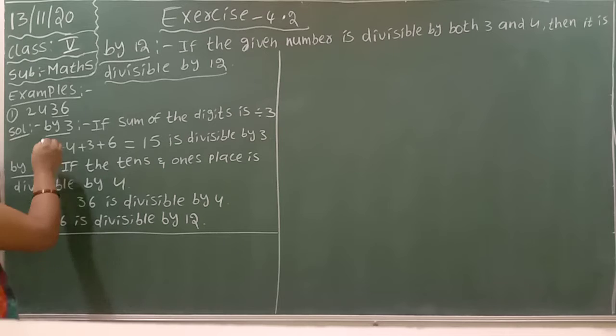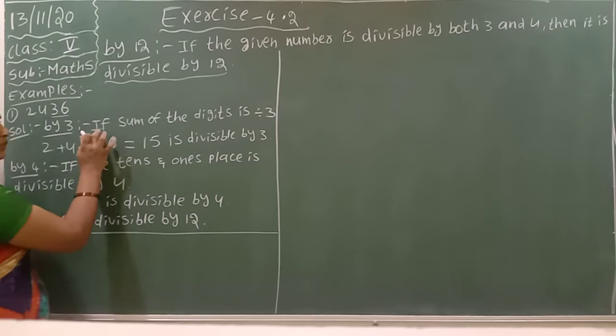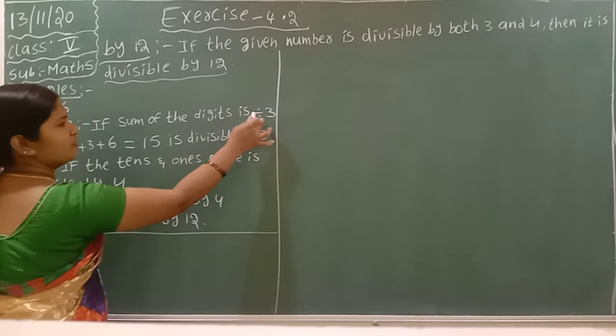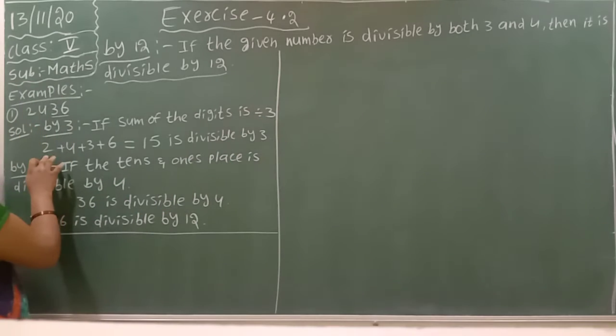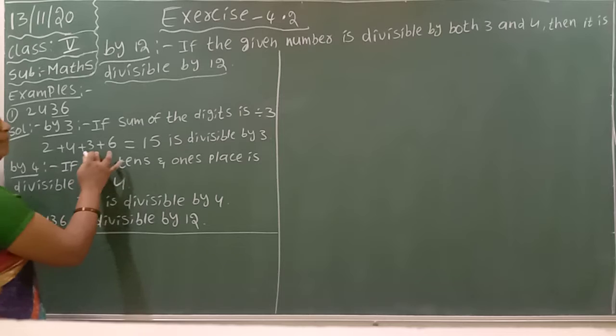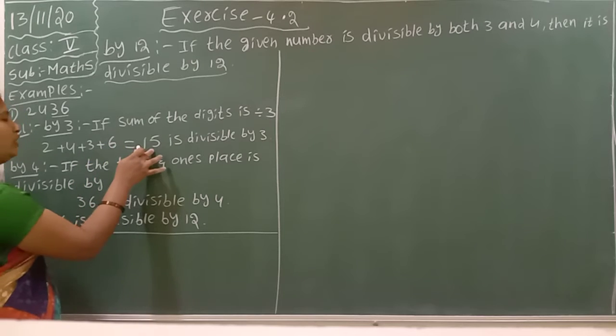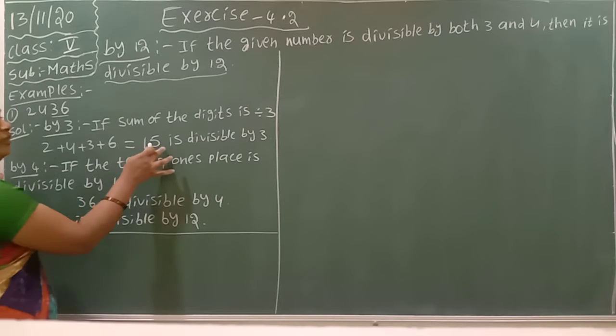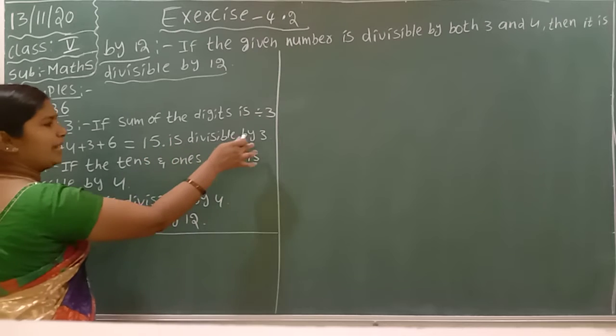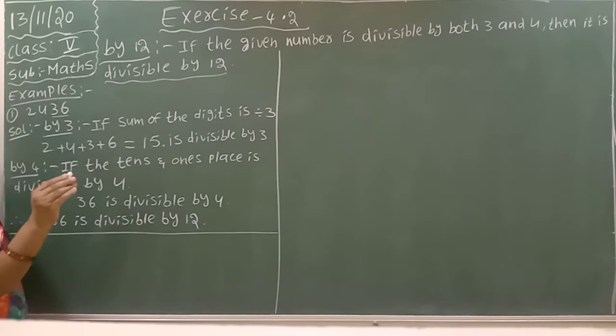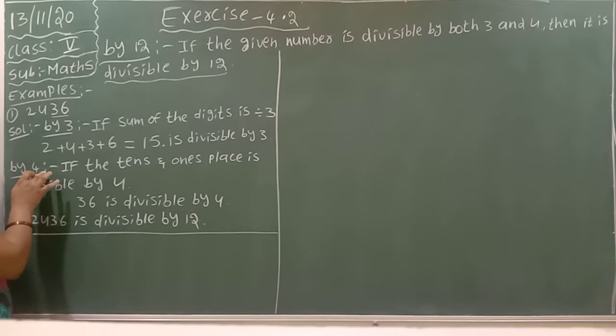So check the by 3 property. If the sum of the digits is divisible by 3: 2 plus 4 plus 3 plus 6, this total becomes 15. 15 is divisible by 3. One completed.